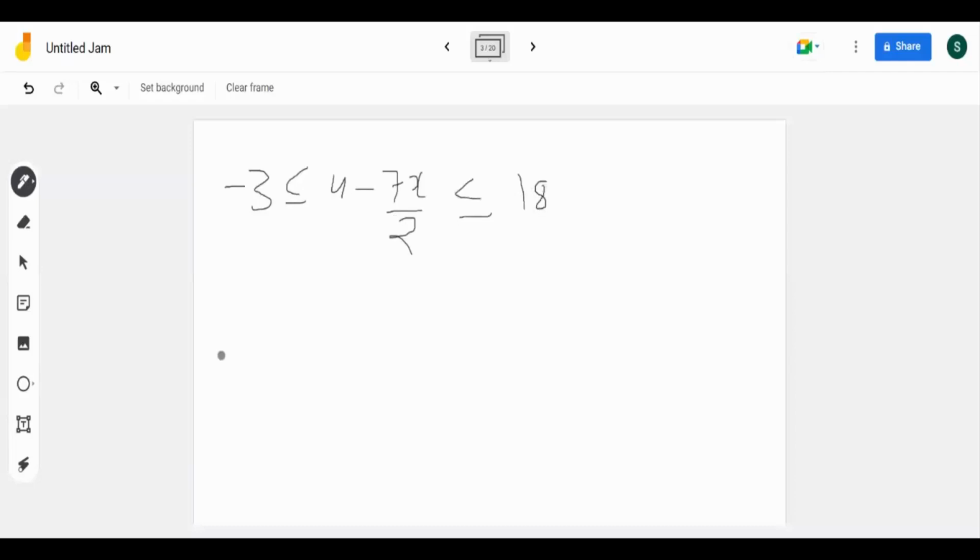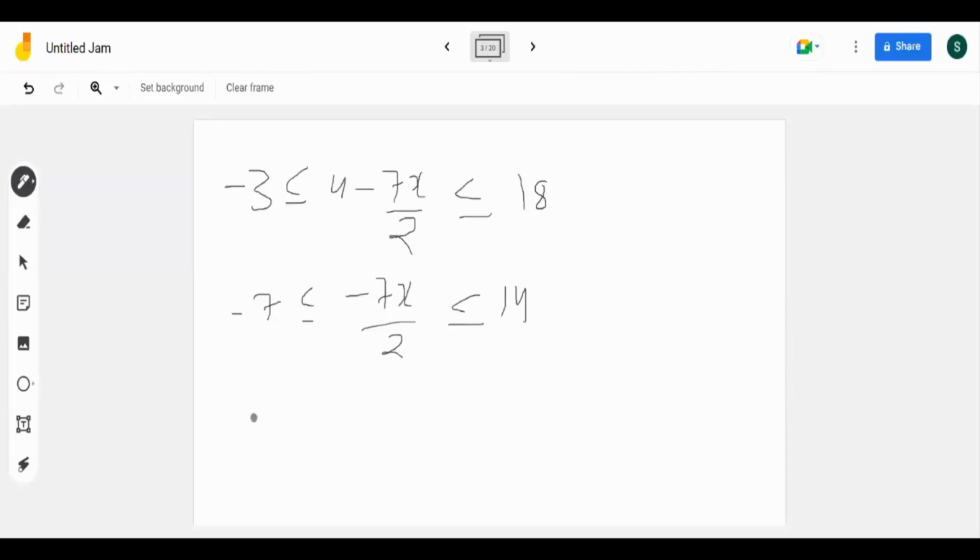Again subtracting 4 on both sides: minus 7 less than or equal to minus 7x by 2, less than or equal to 14. Now we will multiply by minus 2 by 7 on both sides. Multiplying by minus 2 by 7 to get x, we have to change the inequality.